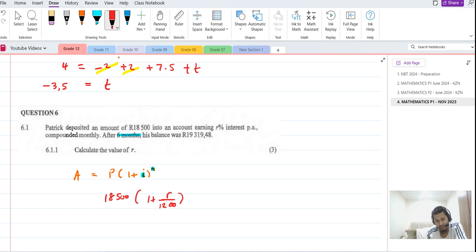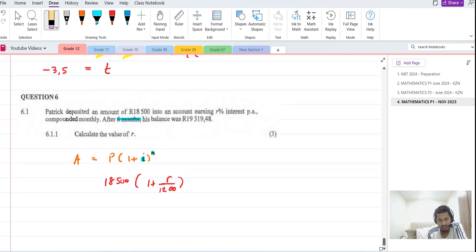It should be to the power 1, should be to the power half. 6 months is equal to 19,319.48.